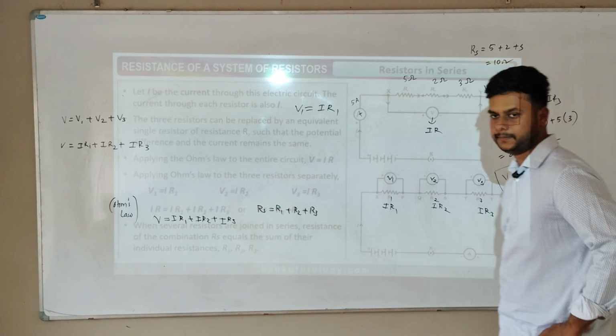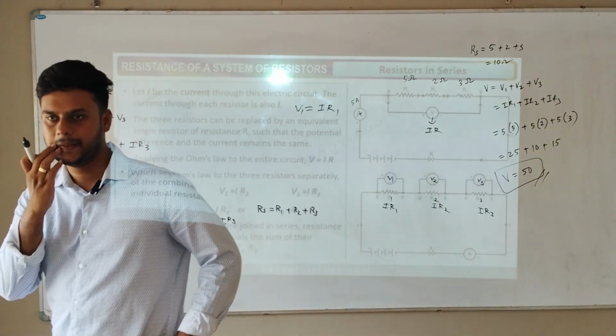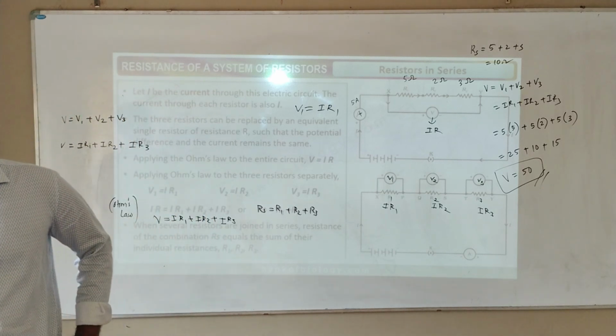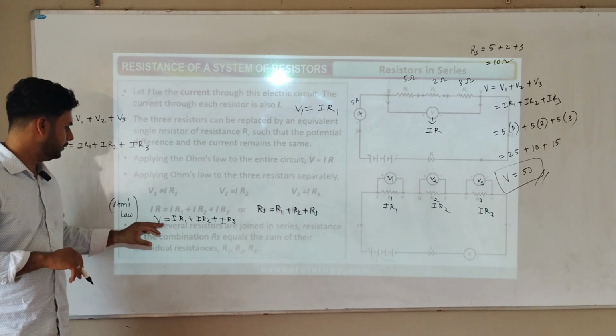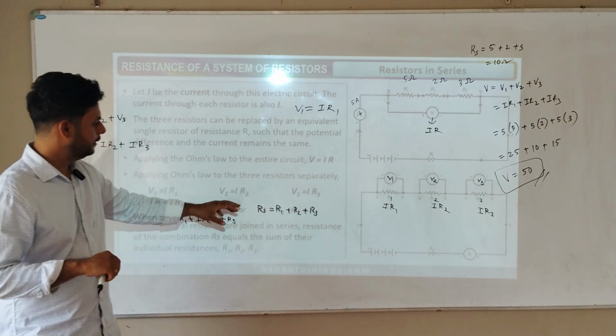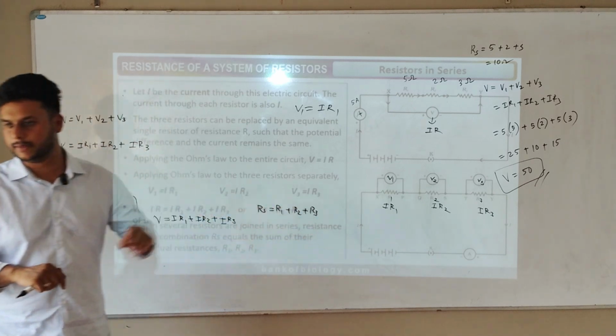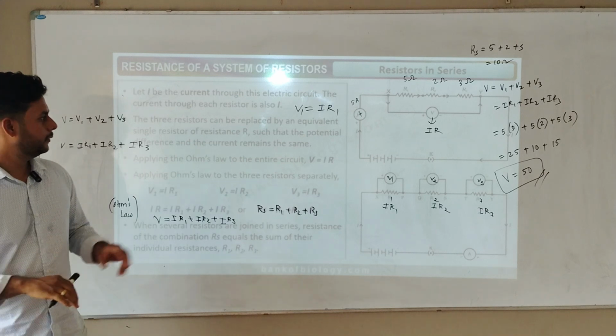Total V will be 50. Total voltage in that circuit will be 50. So two formulas: V is equal to V1 plus V2 plus V3, and resistance is equal to R1 plus R2 plus R3. Any doubts? Okay. Now take notepad back.